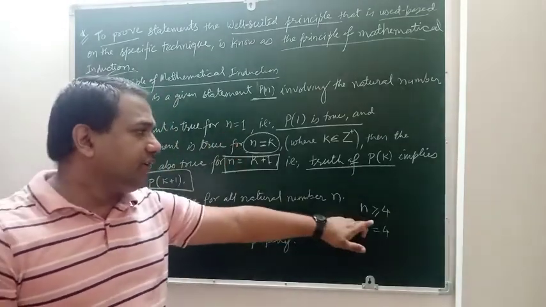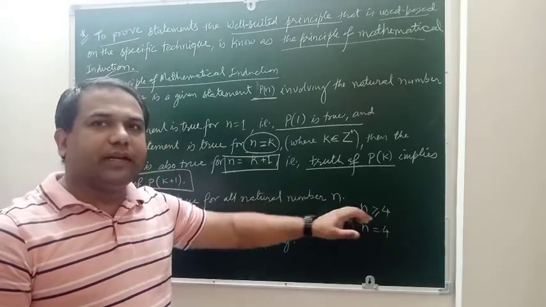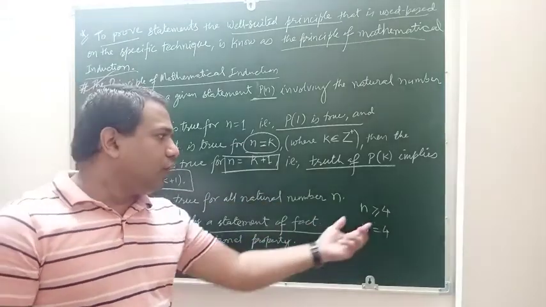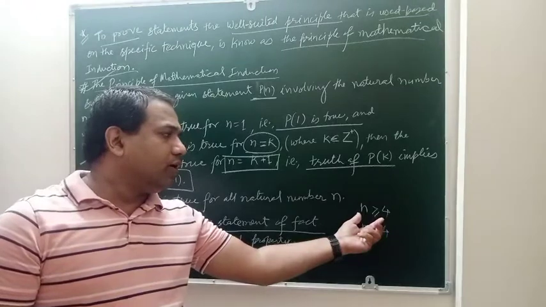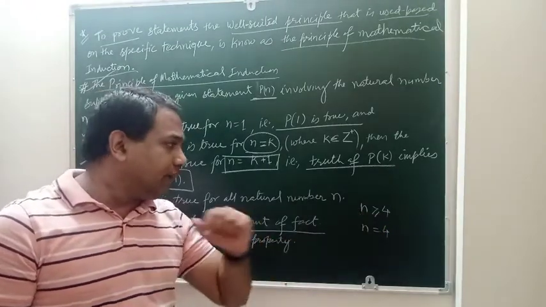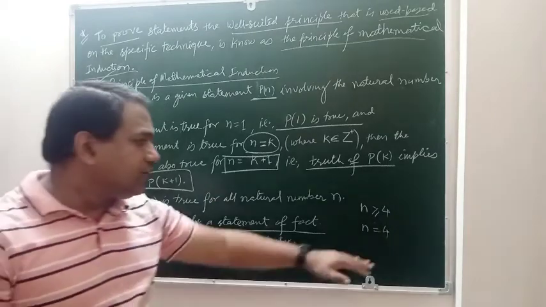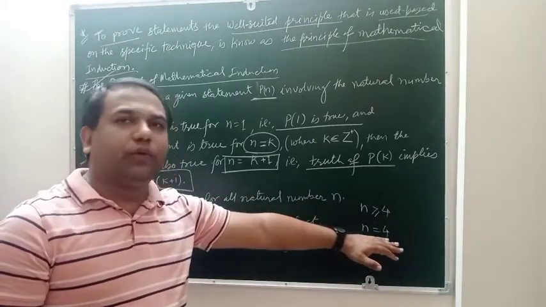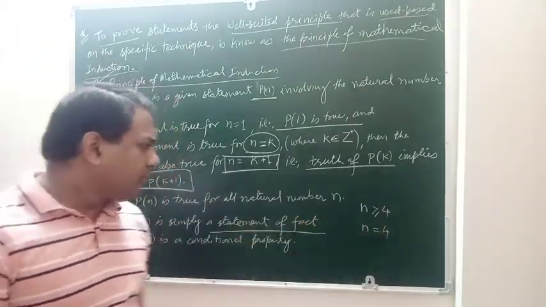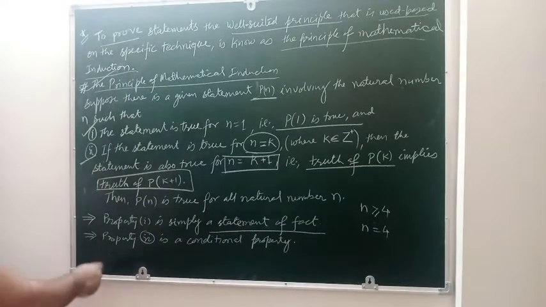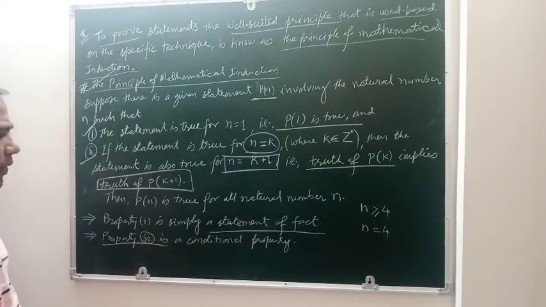If there is a condition such that the statement holds good for n greater than or equal to 4, then we will start solving from n equal to 4. Likewise, property 2 is a conditional property.